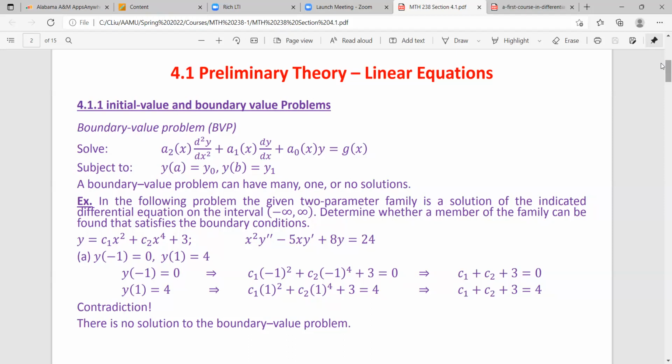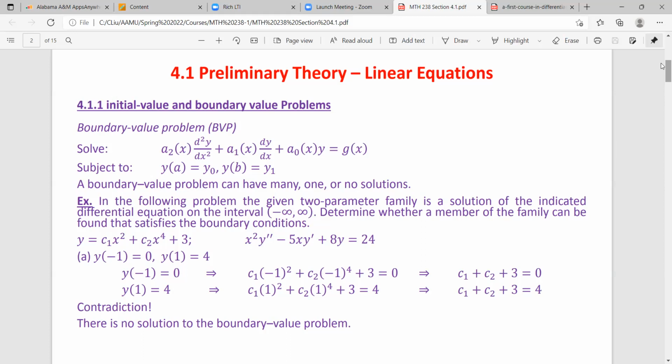So y of -1 equal to 0 gives C1 times (-1) squared plus C2 times (-1) to the fourth plus 3 equal to 0. But (-1) squared and (-1) to the fourth are both 1, so you end up with C1 plus C2 plus 3 equals 0. The other boundary condition, y of 1 equal to 4, gives C1 times 1 squared plus C2 times 1 to the fourth plus 3 equal to 4, so C1 plus C2 plus 3 equals 4.